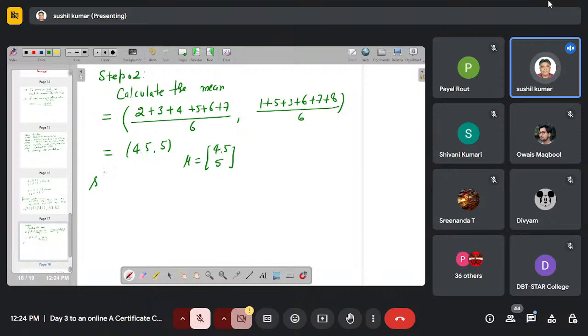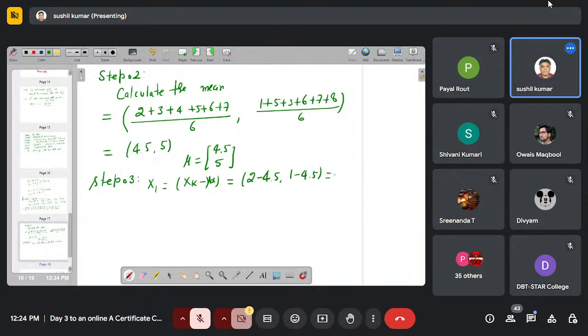Now step 3 is also very easy to do. The calculations we need to do here: x1 is, as I already told you, xk minus mu. And xk is the value of your original vector, that is 2, 1. So it will give you 2 minus 4.5 and 1 minus 4.5.